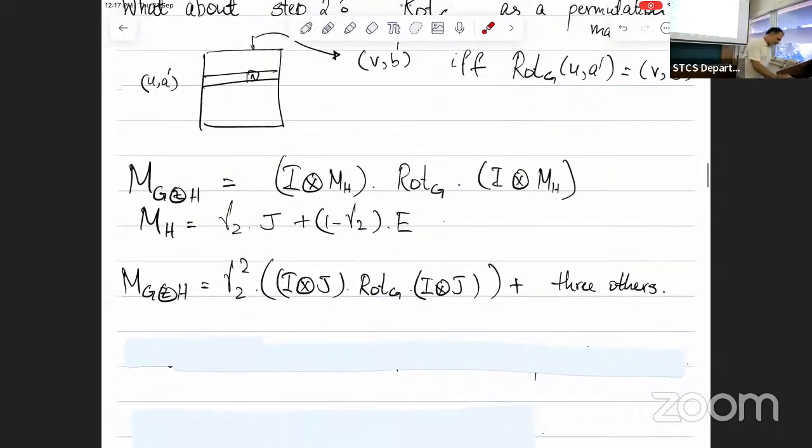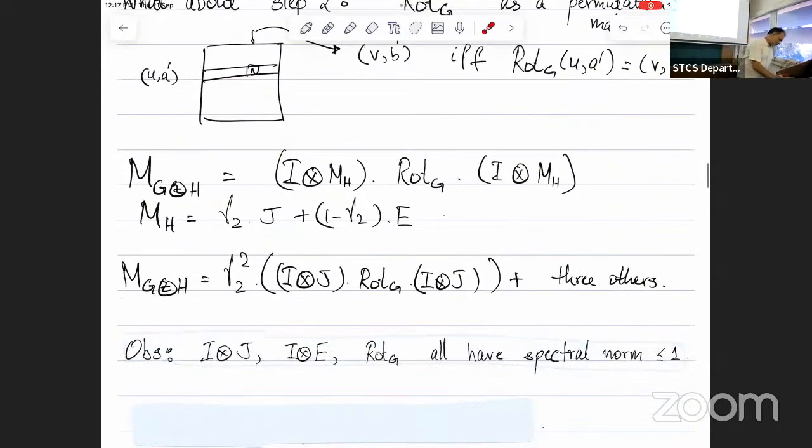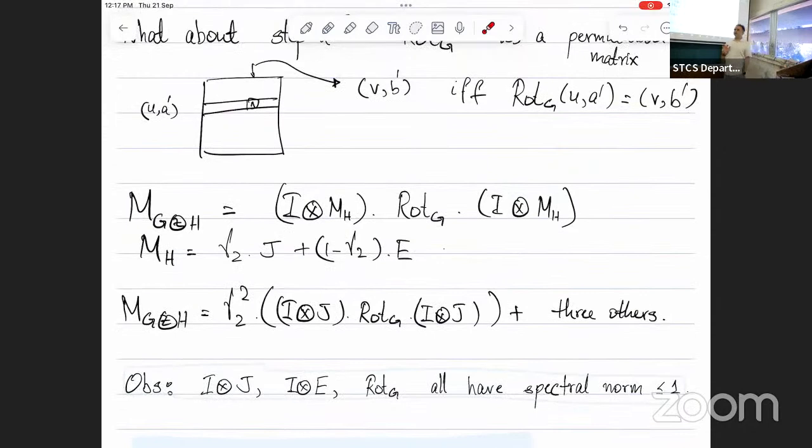Now, the first observation I want to make is that all of the matrices involved, be it I tensor J or I tensor E or rotation maps, they all have spectral norm at most 1. Some of them are really easy to see.